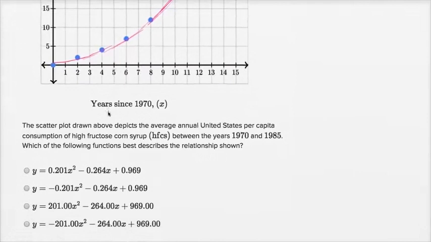And so which of these could it be? Well, there's a couple of things that you might immediately see. The first is that a couple of these choices have a positive coefficient on the highest degree term, on the second degree term, and the other ones have a negative coefficient on the highest degree term. If you have a positive coefficient on the second degree term in a quadratic, you're going to have an upward opening parabola, and if you had a negative coefficient, it would be a downward opening parabola.